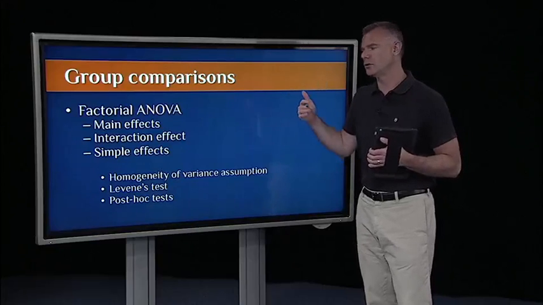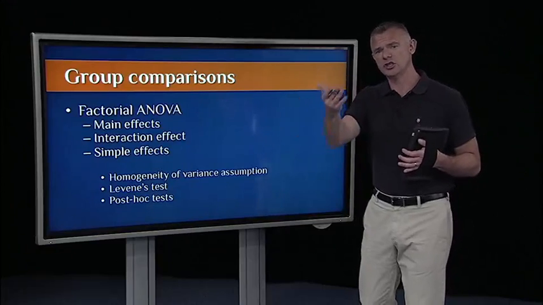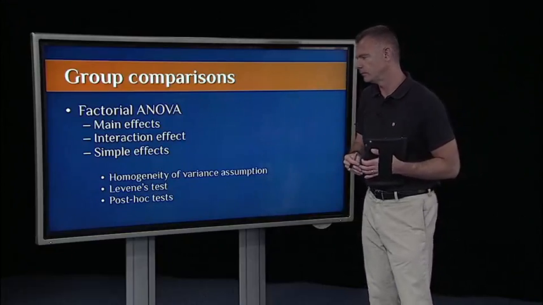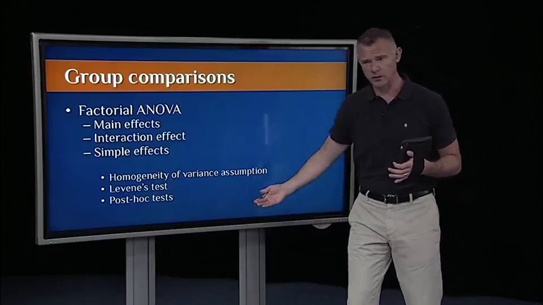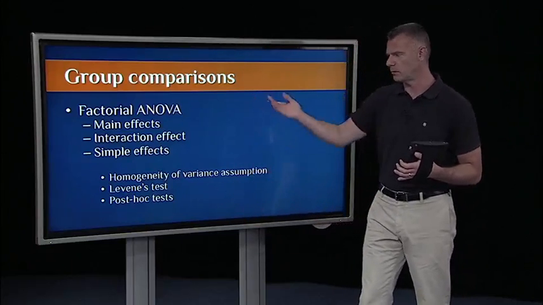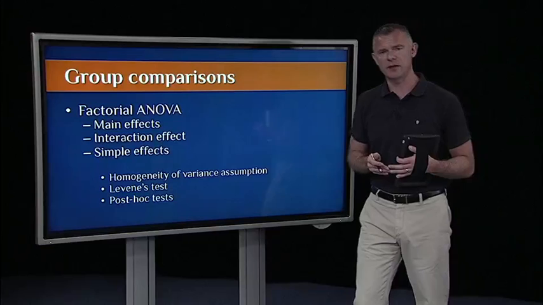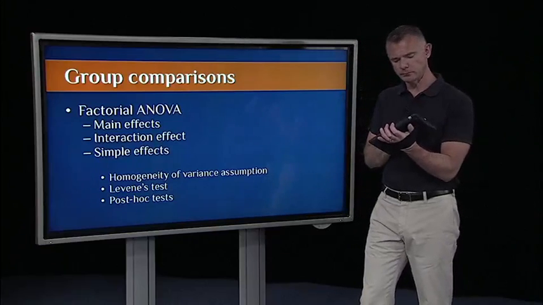So a way to define interaction is that the simple effects of one IV change across the levels of the other. Again, we still had the homogeneity of variance assumption. We tested it with Levene's. And again, we still had to deal with post hoc tests if we were concerned with main effects that had 3 or more levels on that independent variable.